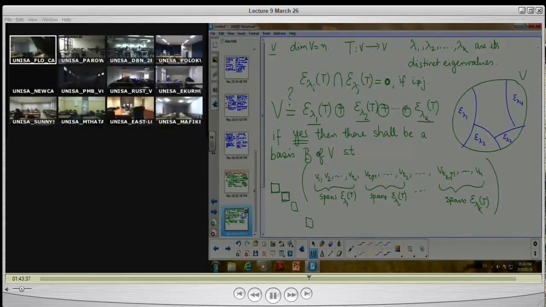So the matrix representation of T would be kind of a block kind of a thing. So basically a structure of an identity, kind of, but with the ones being replaced by square matrices. Yeah? Clear? And the rest are all zeros over here. So these zeros means they are zero matrices. Okay?